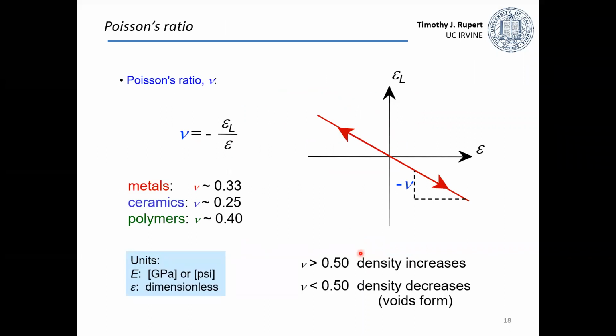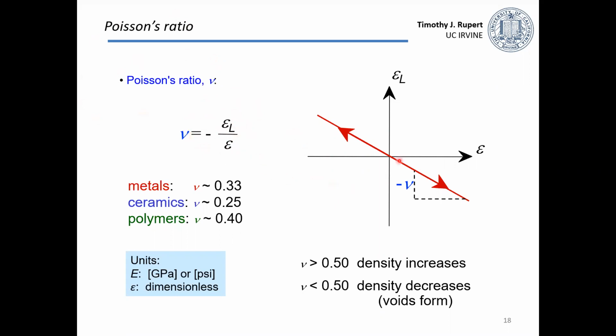Now, we can also define other elastic properties besides Young's modulus. I mentioned that idea that as I stretch on a sample, the sides want to pull in the other direction. We can describe that by what's known as the Poisson's ratio, or mu. And mu is just defined as the negative of the strain in the lateral direction divided by the applied tensile strain.